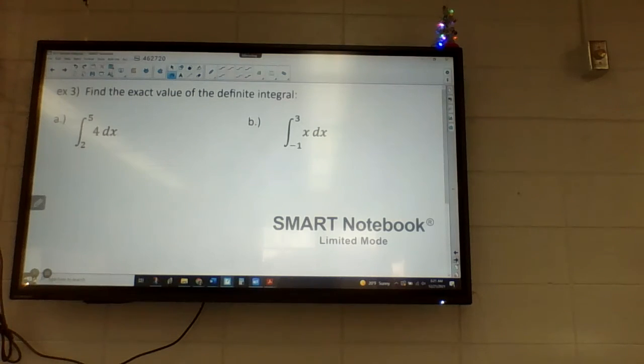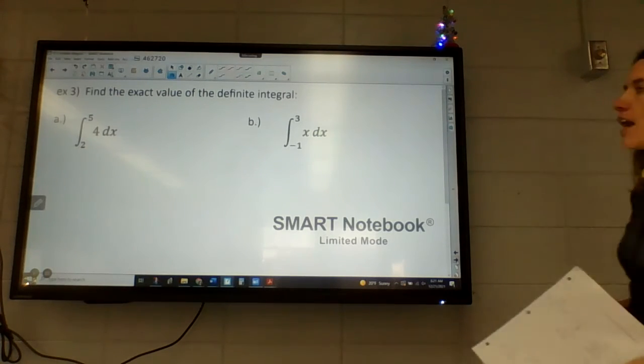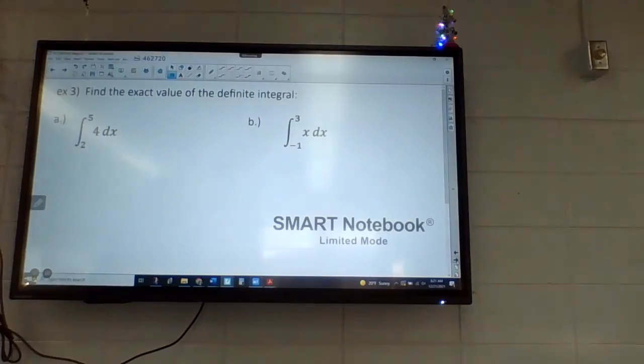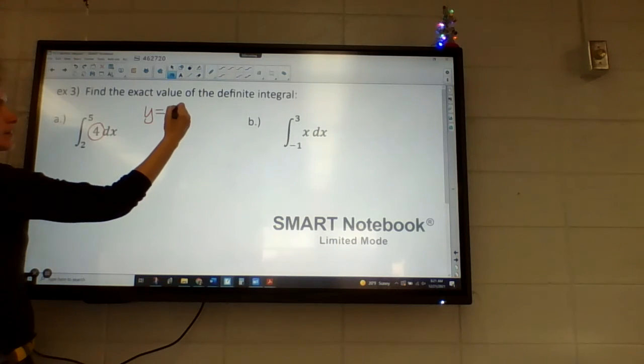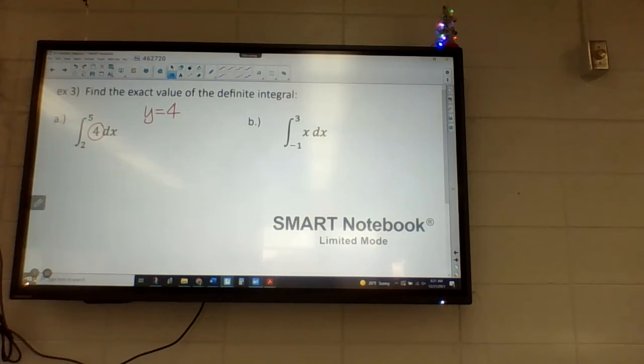All right, so we're going to talk about the exact value of these sums or these integrals. Now this probably feels like we're talking a whole different language. So the equation here is y equals 4. Does that make sense? Because that's the function there.